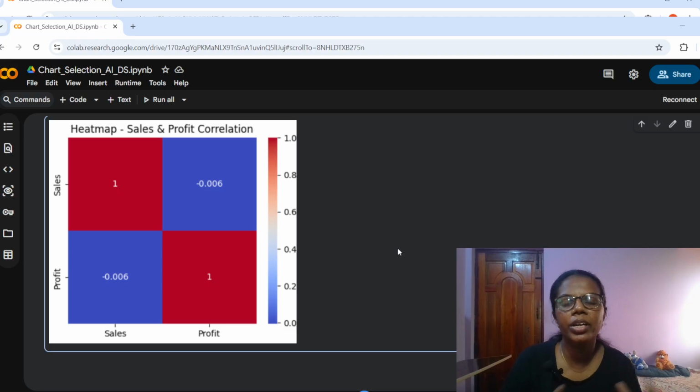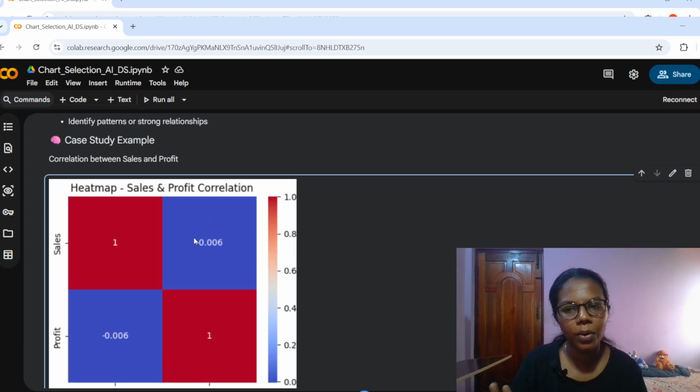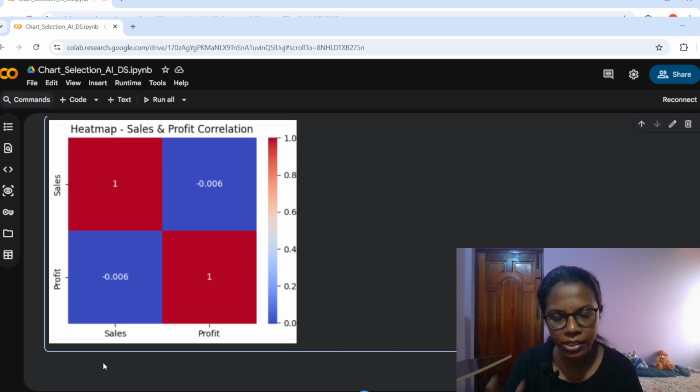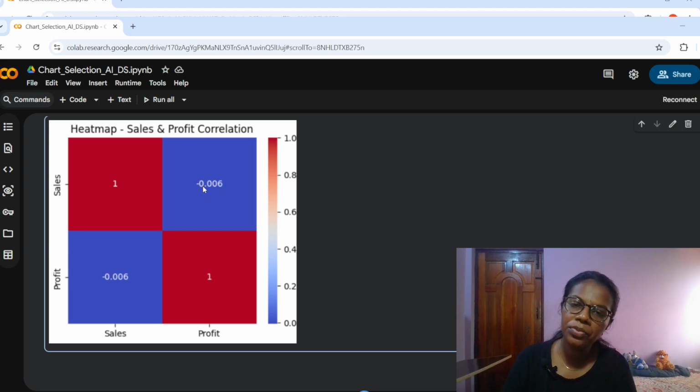When I have many numerical columns, I might have one column that I need to predict, and all the other columns are called features. When I want to see the relationship between every feature and the target column, I'll be plotting this heat map. From this heat map, the value that I get here, right, 0.006, likewise I'll be getting values for all my features and the target column. Even between the features themselves, I'll be getting all the values.